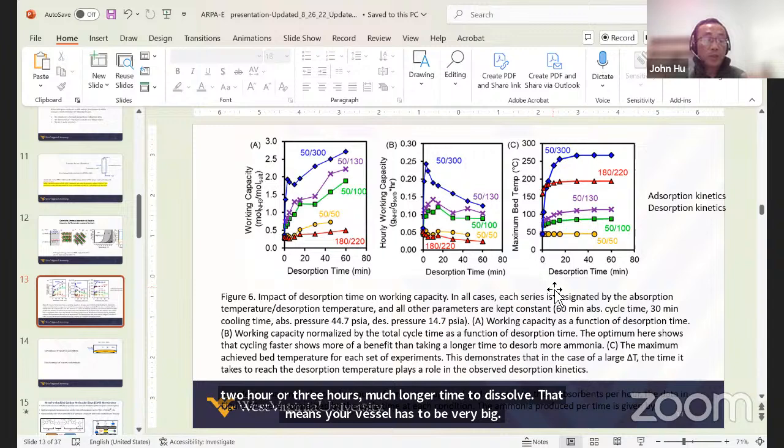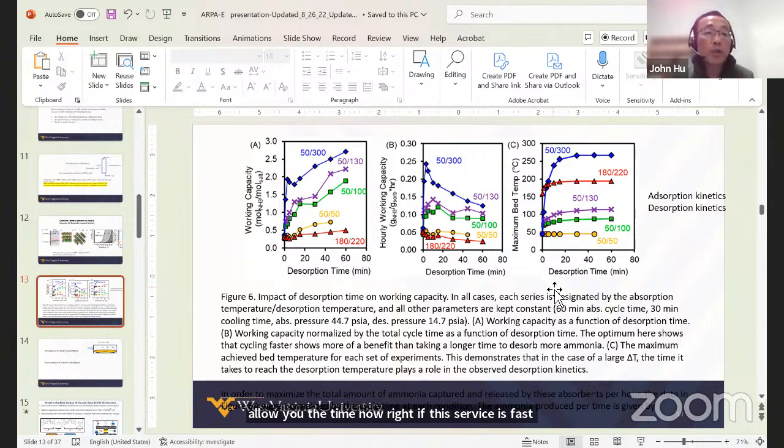If desorption is fast, your vessel can be small because you have a quick turnover. So all this time dictates the adsorber design. Make sense?